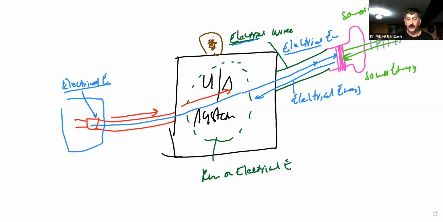But what we mainly saw here is that in the transducer we had two phases. When the energy comes to the transducer, let's use the same colors as we did.